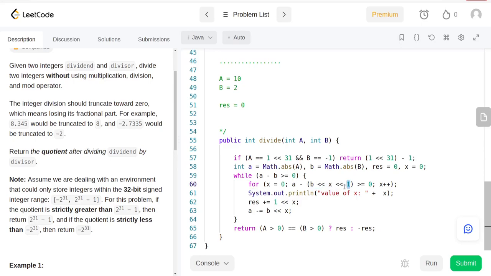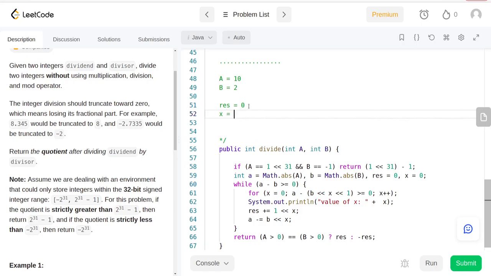And then what would be the answer? 2 getting left shifted one time is going to be 4. So 10 minus 4 is still greater than or equal to 0, so we're going to keep incrementing. So x is going to become equal to 1.